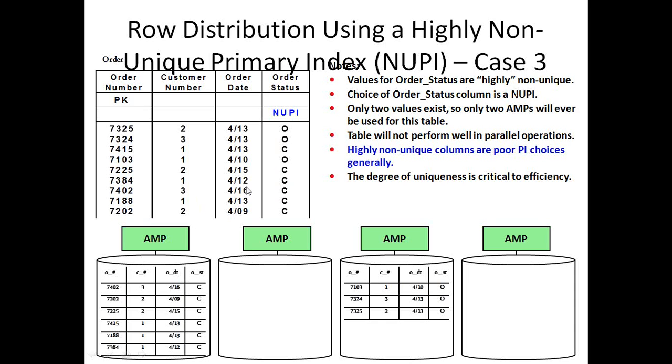If any query is executed on this table, these amps would work more and the other 2 amps won't have any work to do. So the workload cannot be distributed evenly if the data is skewed across the amps.